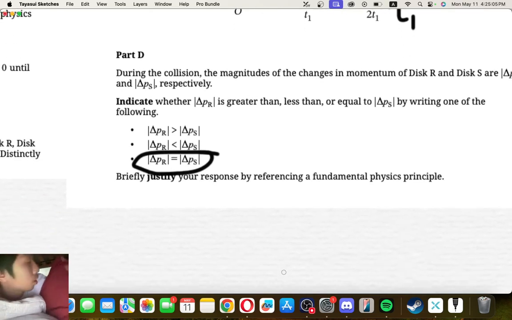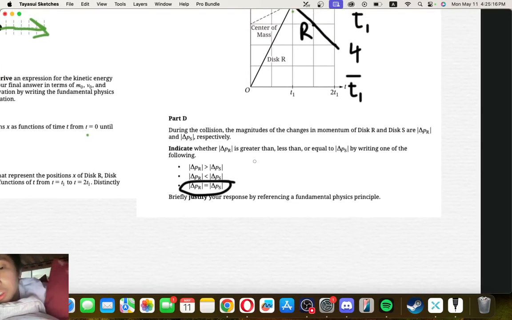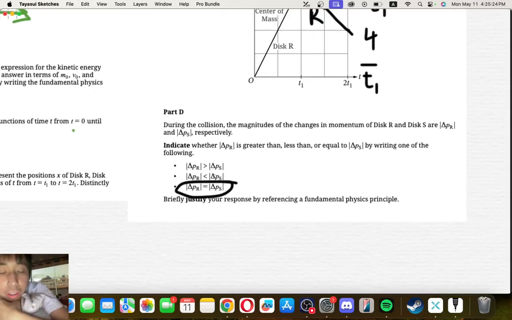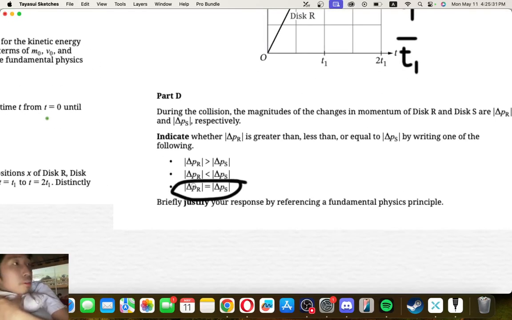Okay, so they're the same because due to the conservation of momentum, the change in momentum of both systems, since they're in the same system, should be equal to each other. They should be equal because they collided with each other, so by conservation of momentum they will have the same change in momentum.